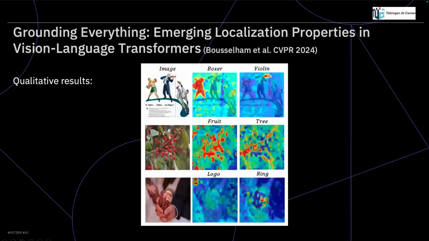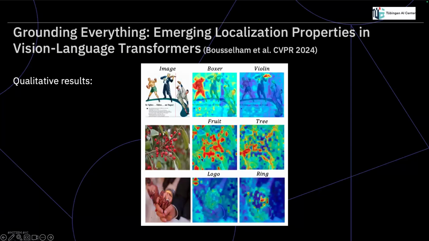But before I show you any numbers, just to show you what this really allows us. The result is that we can use any CLIP architecture as it is. No matter if your favorite is OpenAI CLIP, the OpenCLIP from LAION, or the MetaCLIP model, without having to retrain anything, you can just change the architecture to allow for localization of even fine-grained objects, like for example here the violin or the boxer.